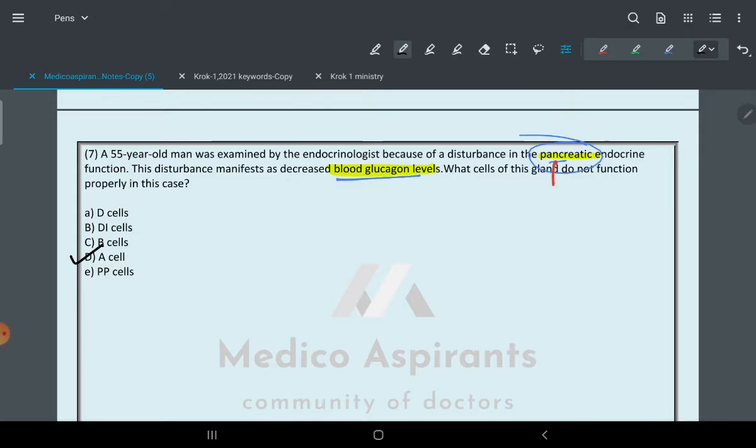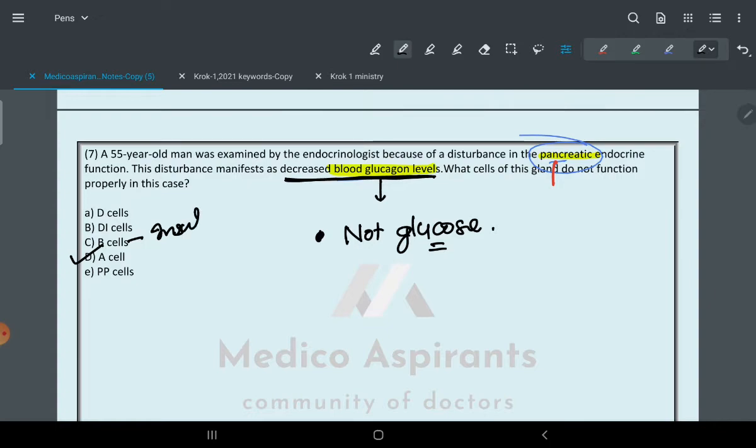The disturbance manifests as a decreased blood glucagon level. It is not saying glucose, okay? It is glucagon. Here you will get confused. Glucagon is different, glucose is different. Glucagon is a hormone produced by the alpha cells and insulin by the beta cells.